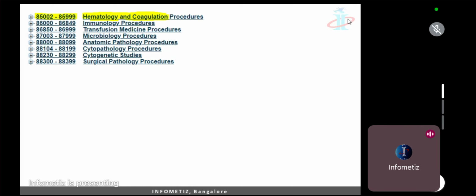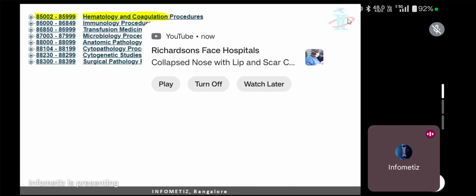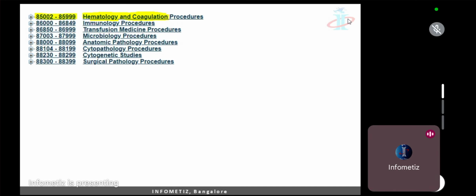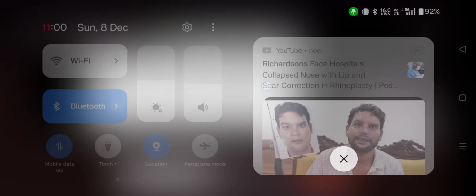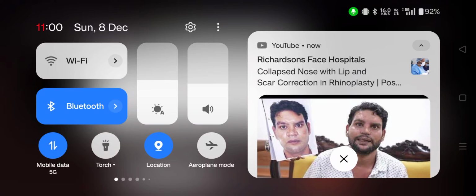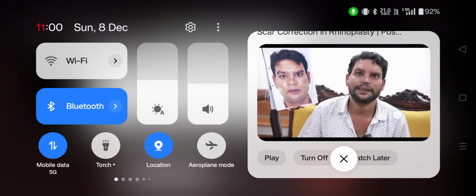Our blood has coagulation factors, right? That is why if you get a small cut, after 5 minutes it will freeze. It will be coagulated to prevent loss of blood. If any person is born with a defect of coagulation factor, it means his or her blood does not have that factor to coagulate.